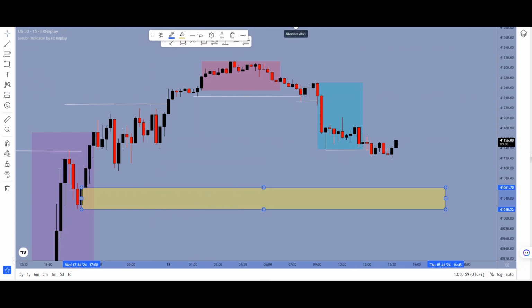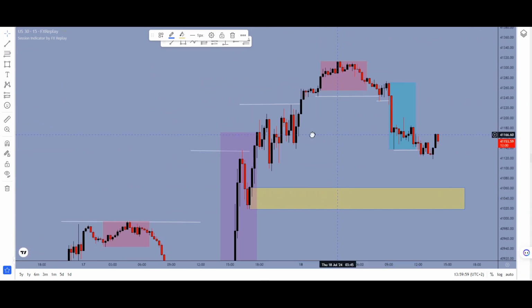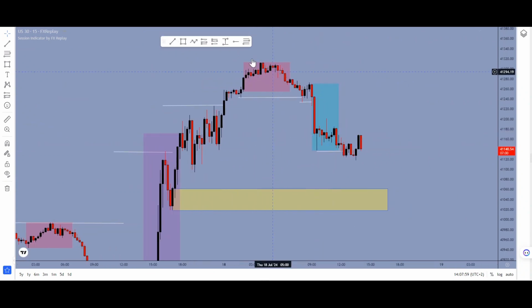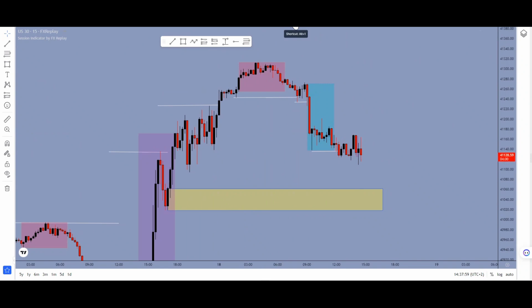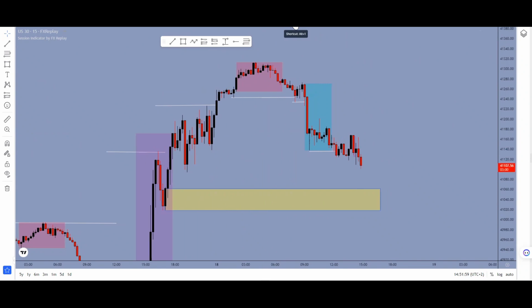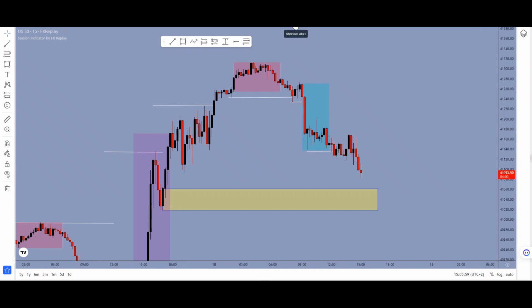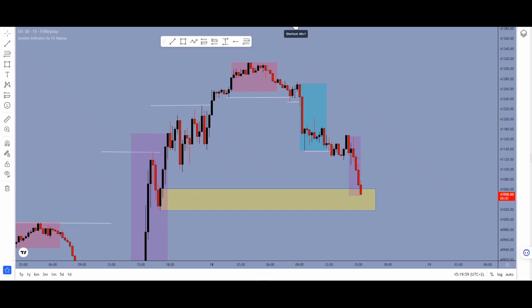So I waited on price. I was very patient to wait on price and see how it was going to react. So right, price went on to break structure to the downside.